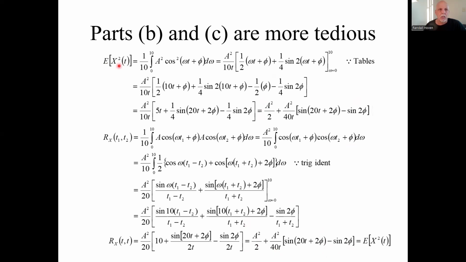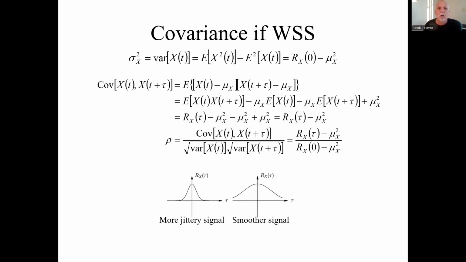Remember I said you could calculate this directly if you don't need this guy? You're asked to calculate the autocorrelation function and the mean square value. The easy way to do it is to go ahead and calculate the autocorrelation function. And then from there, you don't want to go through the pain of taking an integral you don't need to. Enough for that video.